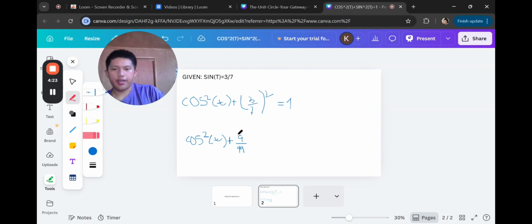Some of you may ask, where did I get this? It's because 3 squared is 9, while 7 squared is 49. So it equals 1. That's how you do it.